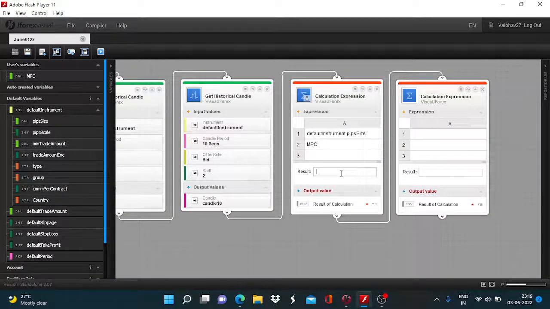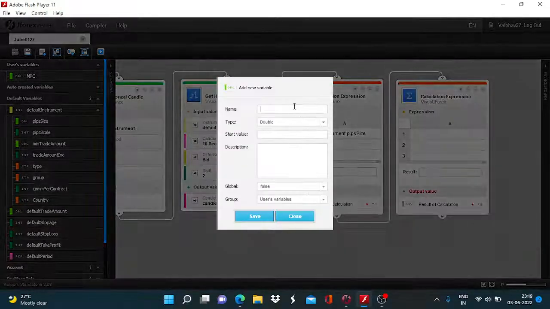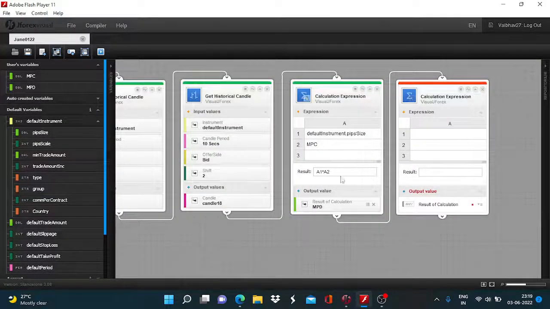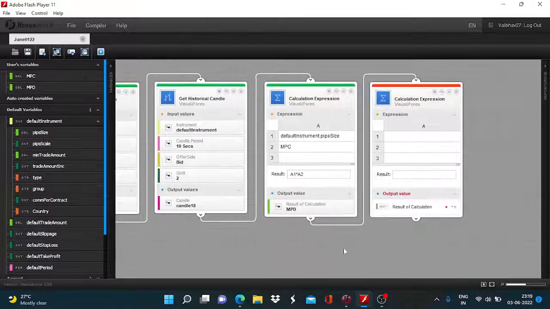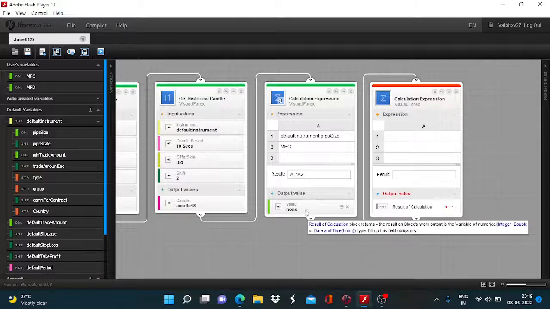This will be A1 into A2. All right. This variable will have the value of 15 pips.